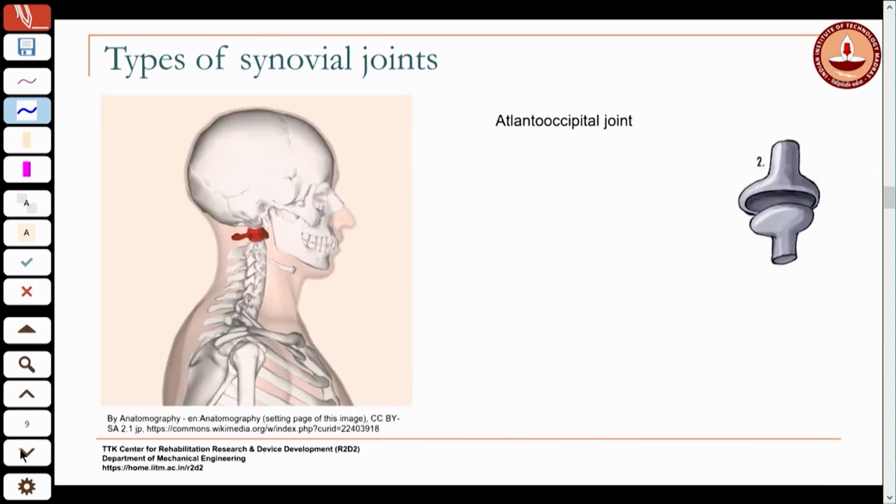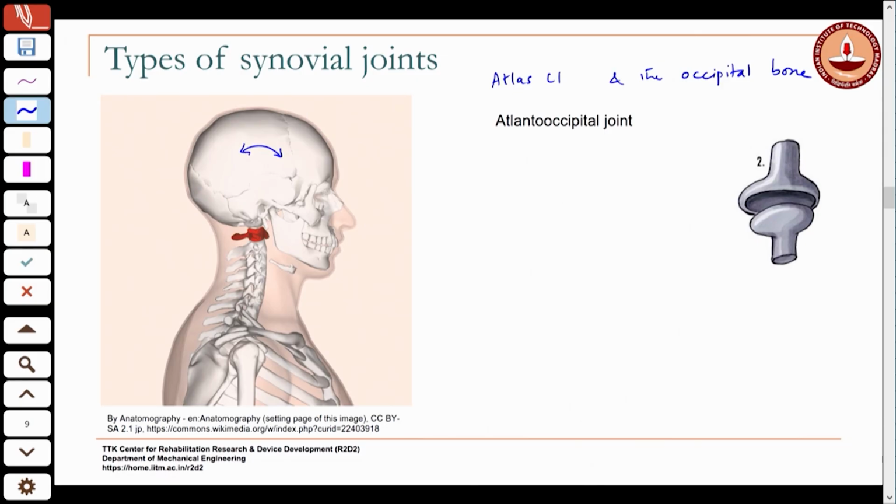This is the other joint I was telling you about, between the occipital bone of the skull and the atlas, C1 and the occipital bone. You can see that the skull pivots about that.